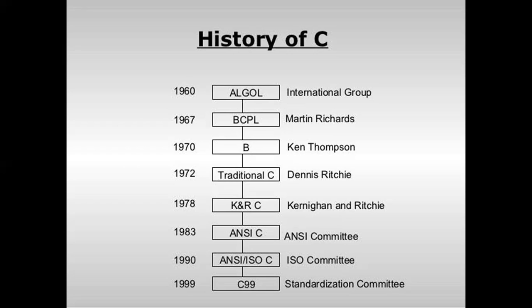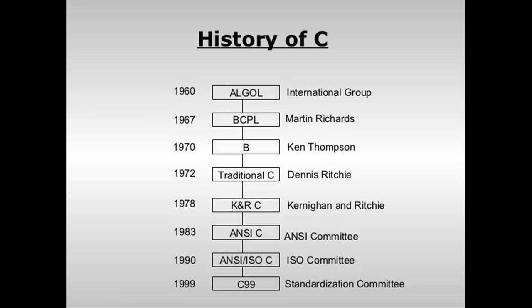In the year 1960, ALGOL, an international group, first came up with the name, and then in the year 1967, BCPL was created by a person named Martin Richards. And then in 1970, it evolved into the B language, which was invented by a person named Ken Thompson.